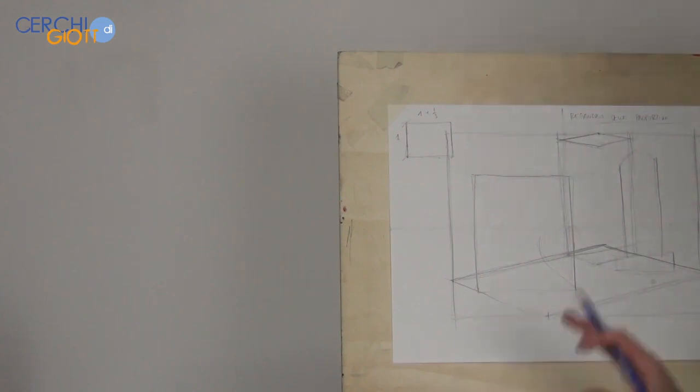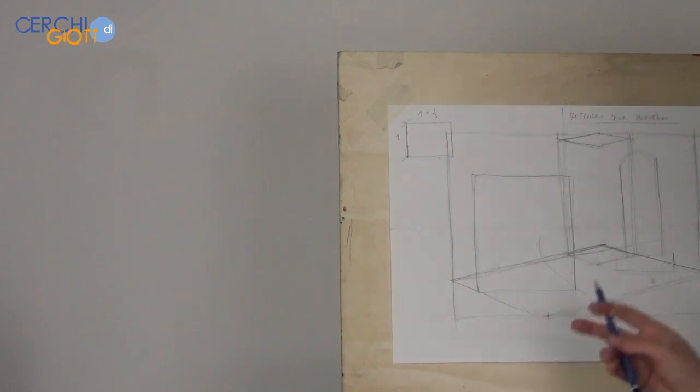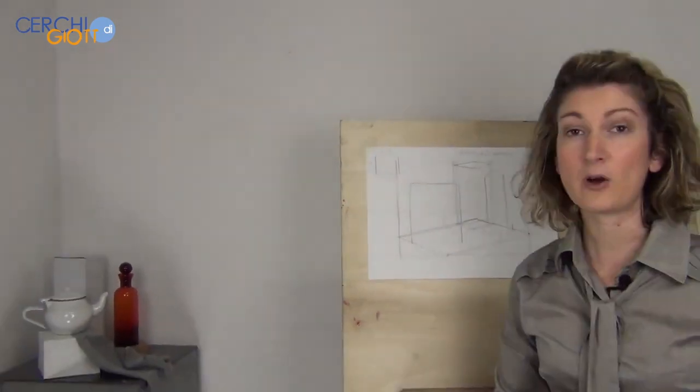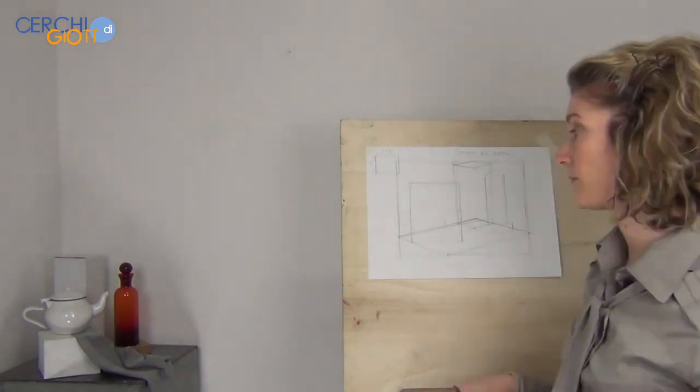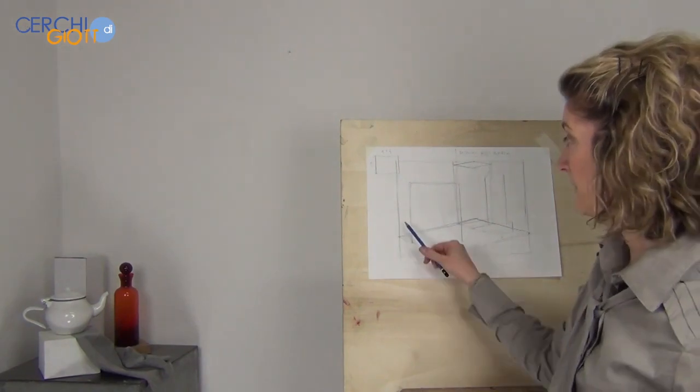So, in this case, I went to sketch only the volumes of my objects, trying to understand what then will remain empty within my composition. This is very important, because I have started to exclude some spaces that will have to remain empty.